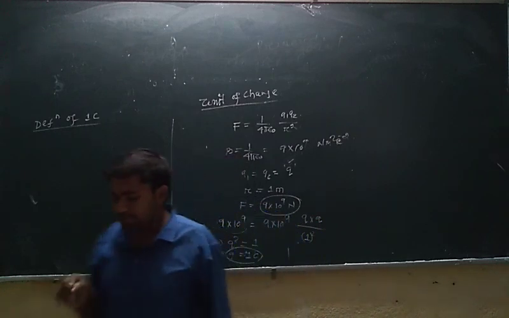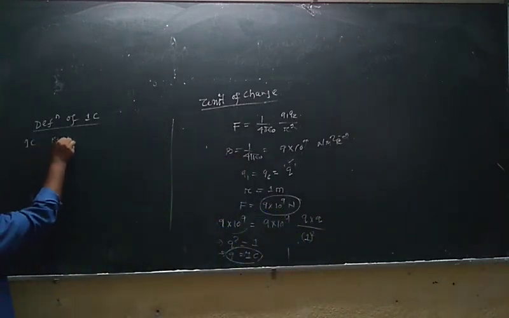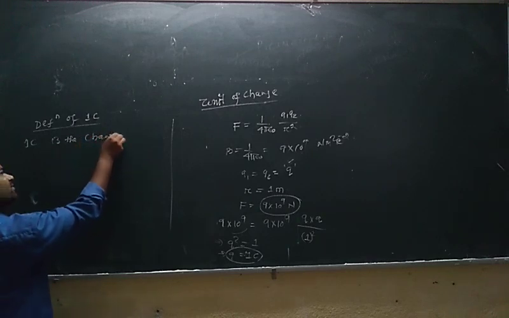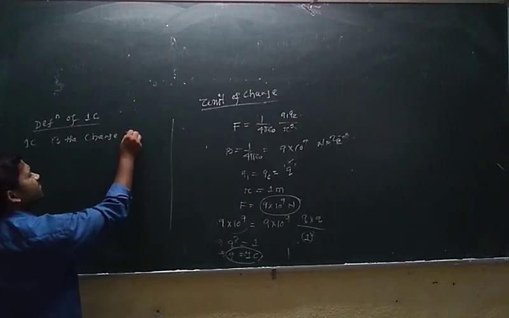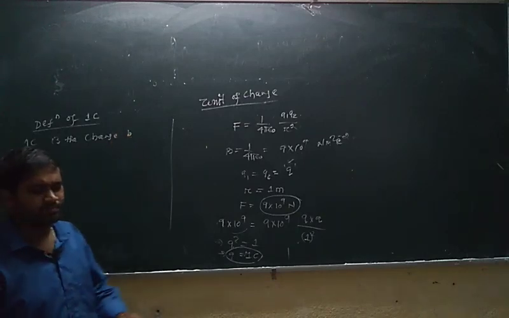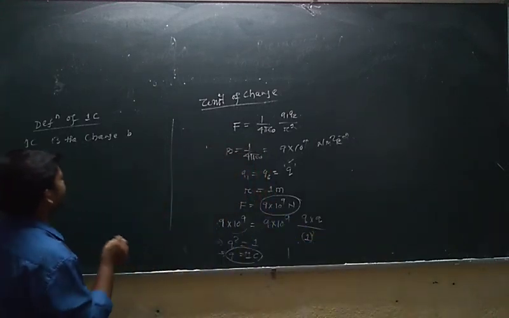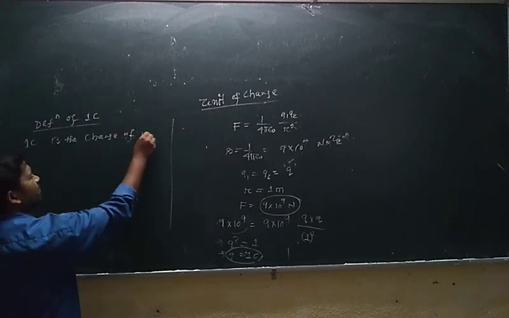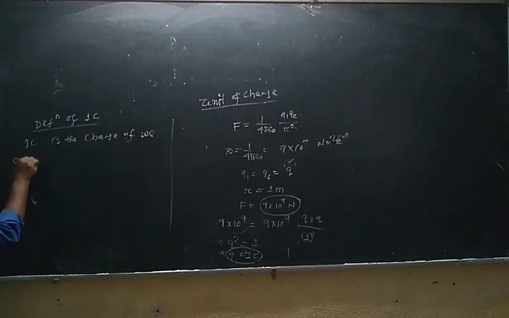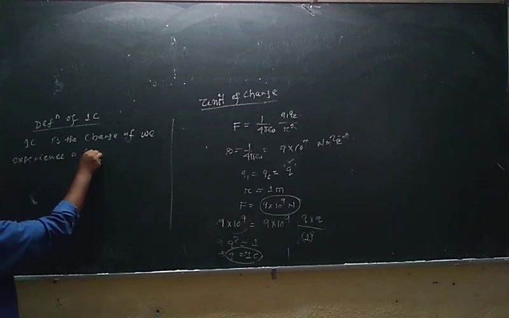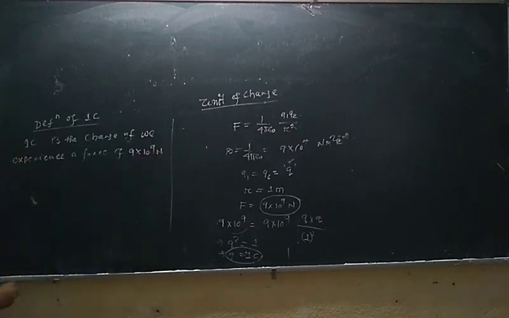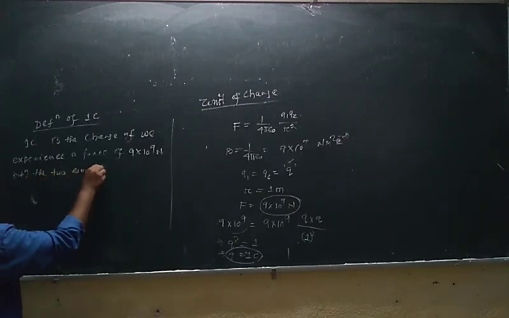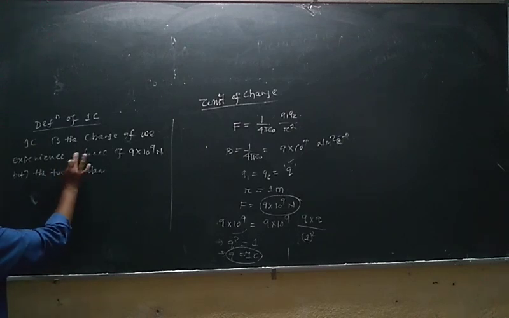That means we can say 1 coulomb is the charge that experiences a force of 9 into 10 to the power 9 Newton between two similar type charges, a repulsive force.